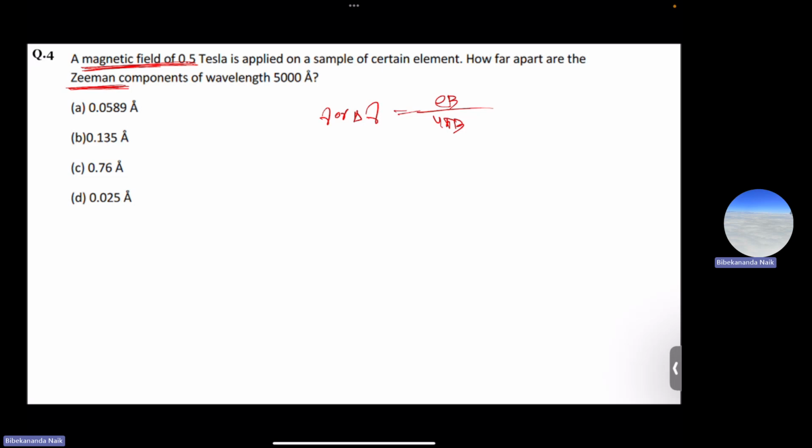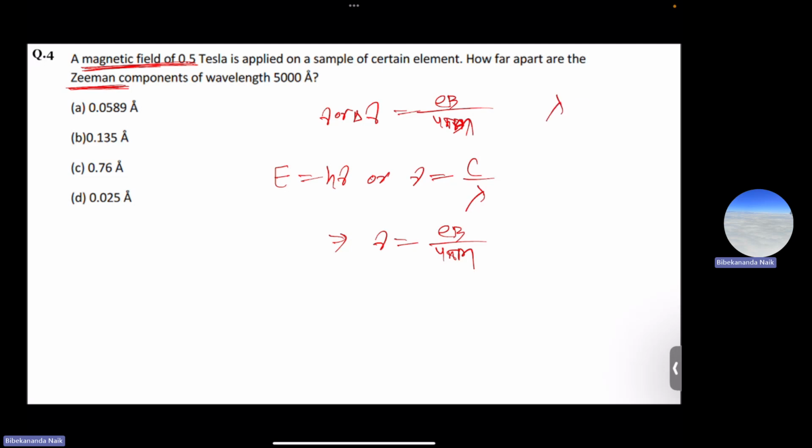If you remember, this was the formula, and we know E equals h nu, or nu is c by lambda. Since nu is eB by 4 pi m, this is m, not B, and the question asks how far apart are the components of wavelength.